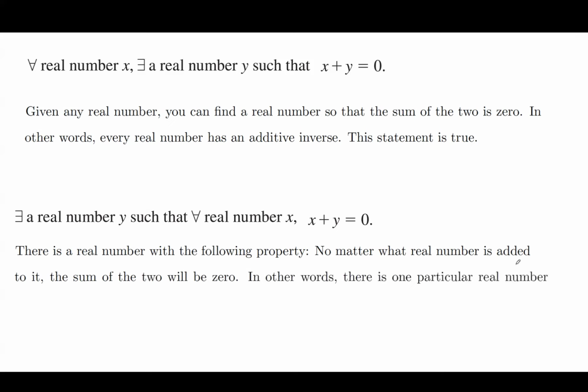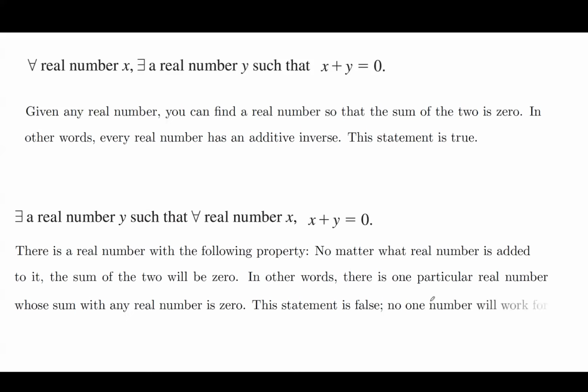In other words, there is one particular real number whose sum with any real number is always 0. This statement is false. You cannot find one real number that works for this statement.